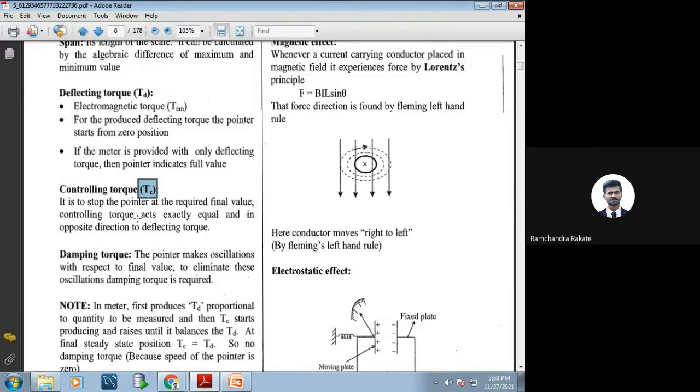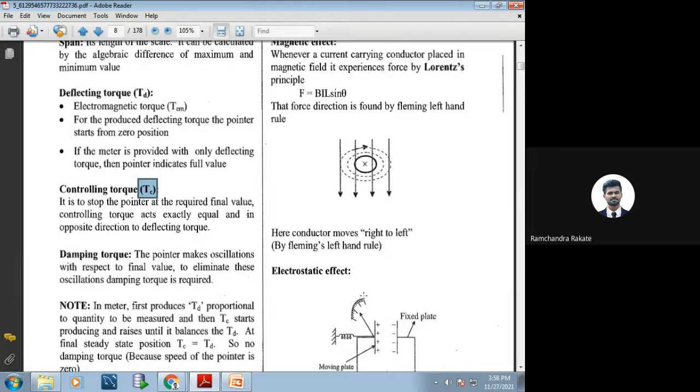Controlling torque increases with the deflection of the moving system. If the deflection is large, your controlling torque will be large. If the deflection is low, your controlling torque will be low. So the final position of the pointer will be achieved as per the deflection, as per the electrical quantity.